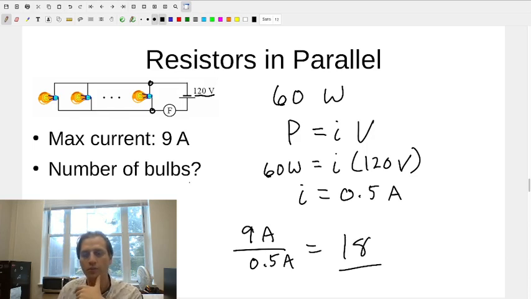So the total number of bulbs that we could get, if we were trying to go up to 9 amps but not over, would be a maximum of 18 light bulbs. Each one of these is going to have a current of 0.5 amps.